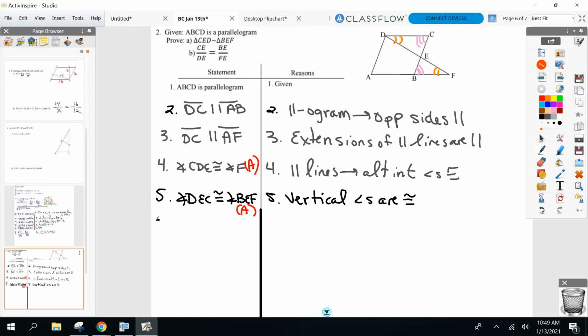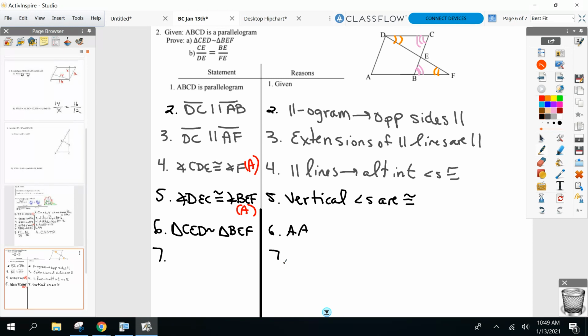All right, make sure your similar statement is correct. Oh, actually, it doesn't really matter. I gave it to you. One job. CED similar to BEF. And then, hey, I know I asked you to prove triangles similar, but you may just want to take a peek, because I get a little nuts every once in a while, making sure that the proportion I set up for you to prove actually is in both of those triangles.